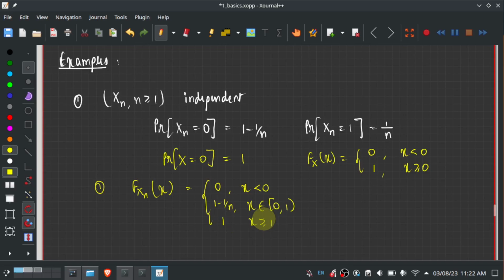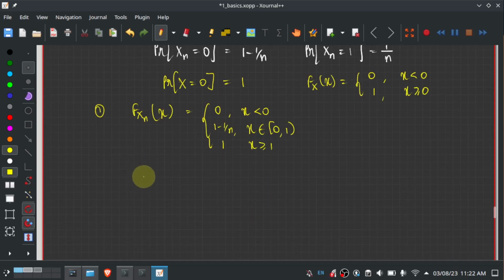As n tends to infinity, does Fxn converge to something? The limit as n tends to infinity of Fxn of x is 0 for x less than 0 and 1 for x greater than or equal to 0.